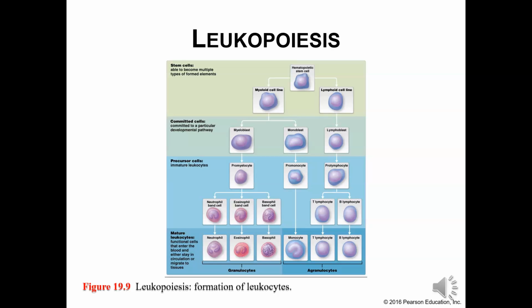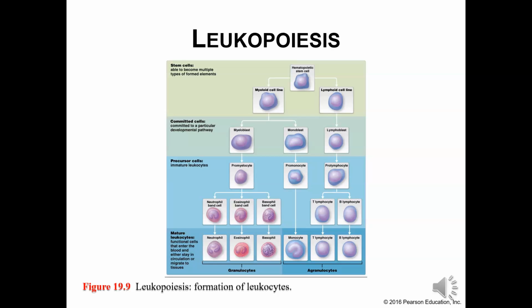And then you have your lymphoid cell line. Remember, that's the other cell line that comes from your hematopoietic stem cell. The lymphoid cell line becomes a lymphoblast. Now it's committed. The lymphoblast then becomes a prolymphocyte, which can become either a T cell or a B cell.